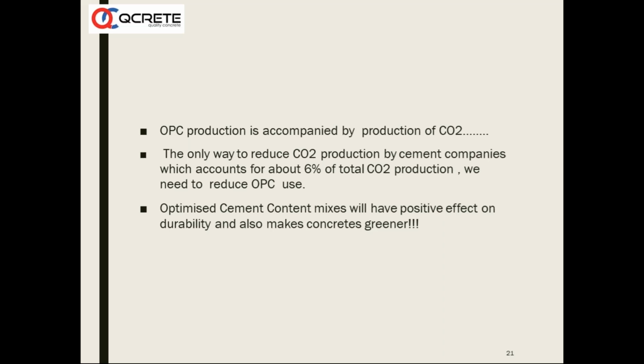So we are spitting venom into the atmosphere in the form of carbon dioxide, the single largest greenhouse gas. It is said that 6% of the total carbon dioxide humans produce every year is produced by cement companies. So we need to reduce carbon dioxide production because it is classified as a greenhouse gas and is responsible for heating up this planet.